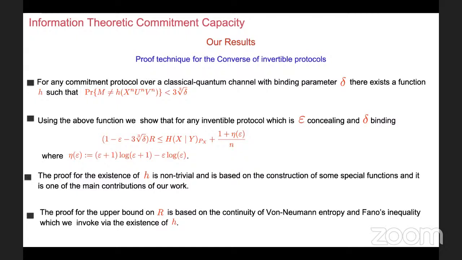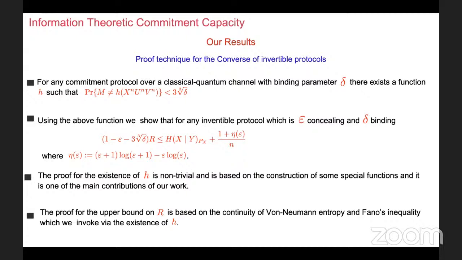The converse depends upon the continuity of the von Neumann entropy and Fano's inequality. And showing the existence of H is not so straightforward, and it requires some non-trivial construction of special functions.